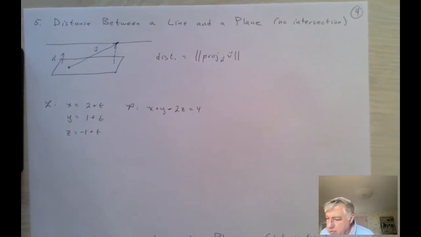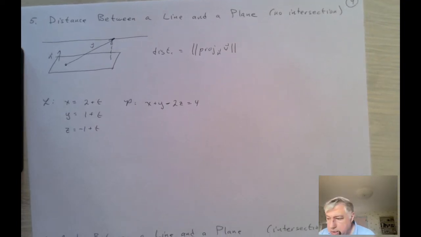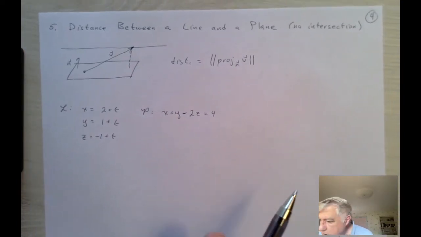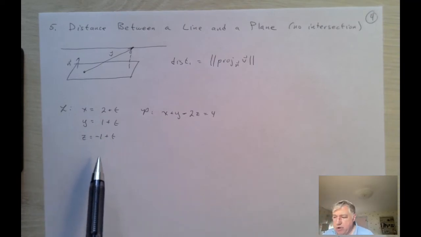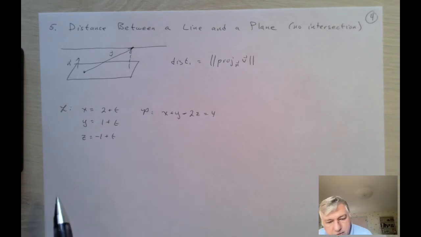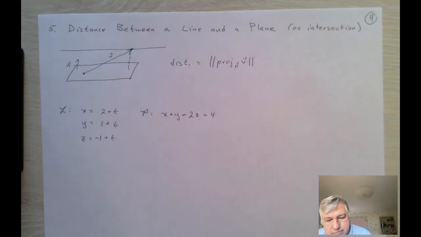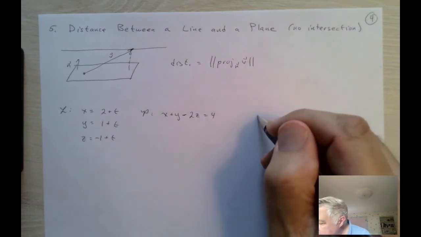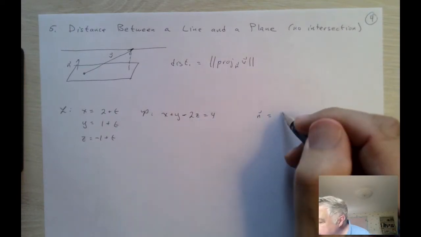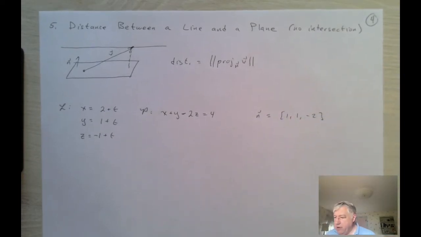All right, so in this example, we're going back to the case we just looked at, where n, of course, the normal vector of the plane, is 1, 1, negative 2. Now we just need to find a point on the line.